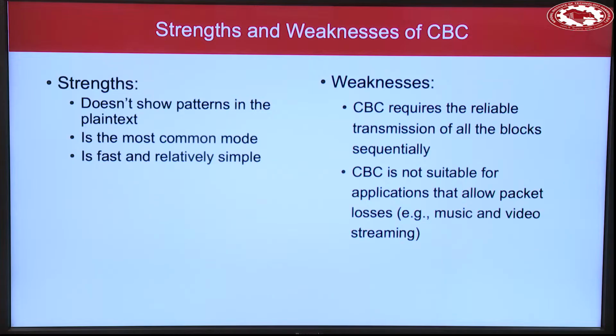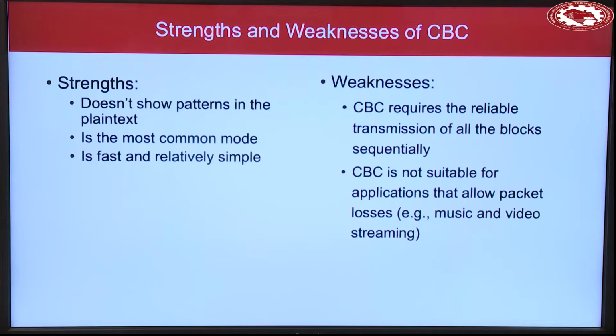What are the drawbacks? It says it requires reliable transmission of all blocks sequentially. If you lose one of the blocks, it will impact the next and others, because the outcome of this is feeding the input to this, and so on. CBC is not suitable for applications that allow packet losses. If you're listening to music and suddenly every few minutes there's a glitch, you don't like it.